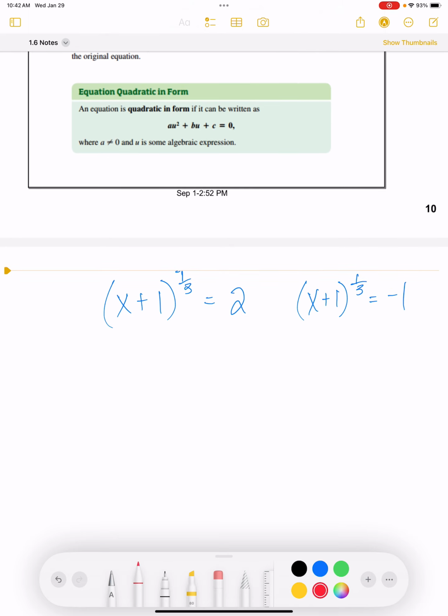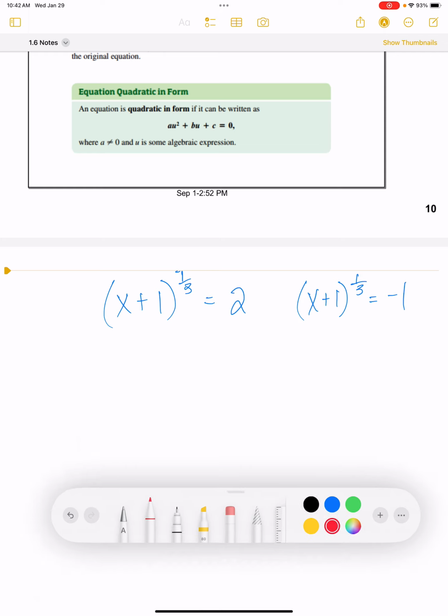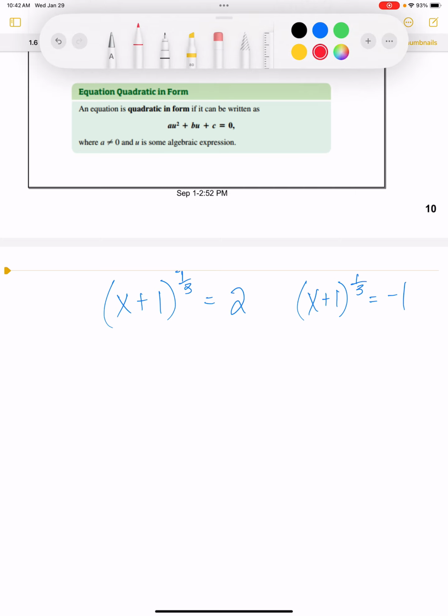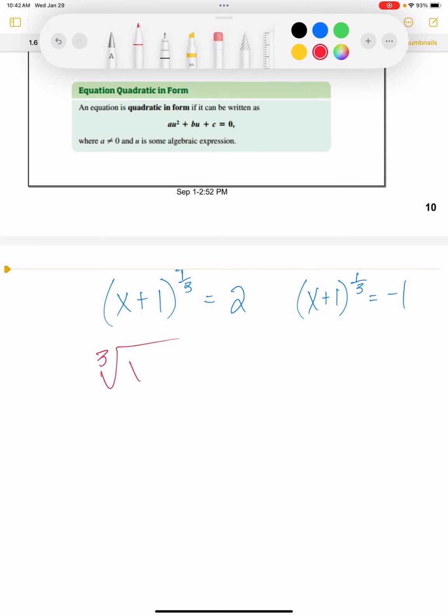When I'm solving this, with the 1/3 power, I tend to gravitate towards radicals. So I personally would say this is the cube root of x plus 1 equals 2, and the cube root of x plus 1 equals -1.